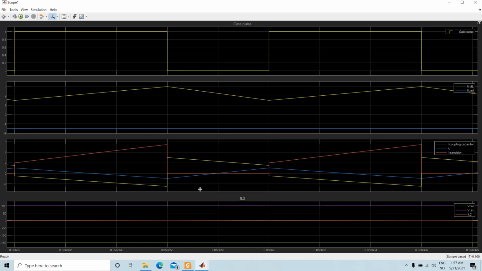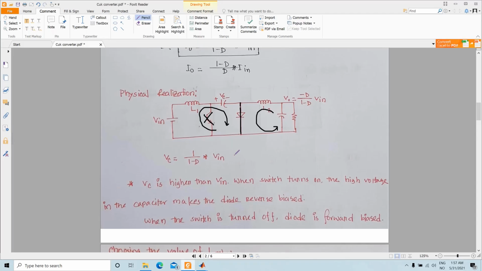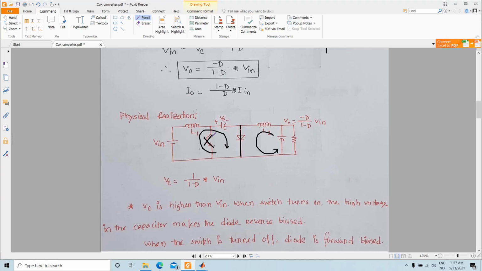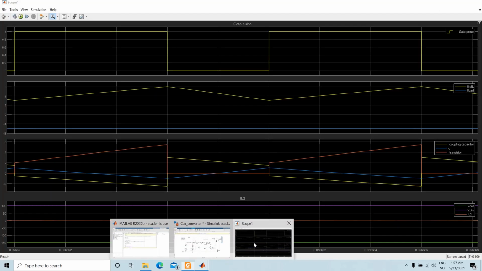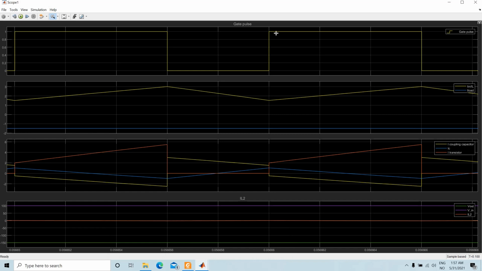Now during the time when the transistor is on, the inductor current will start to increase, because the inductor is storing the energy. So whenever your transistor is on, your inductor current is rising. This is the IL1, the inductor current through inductor 1.